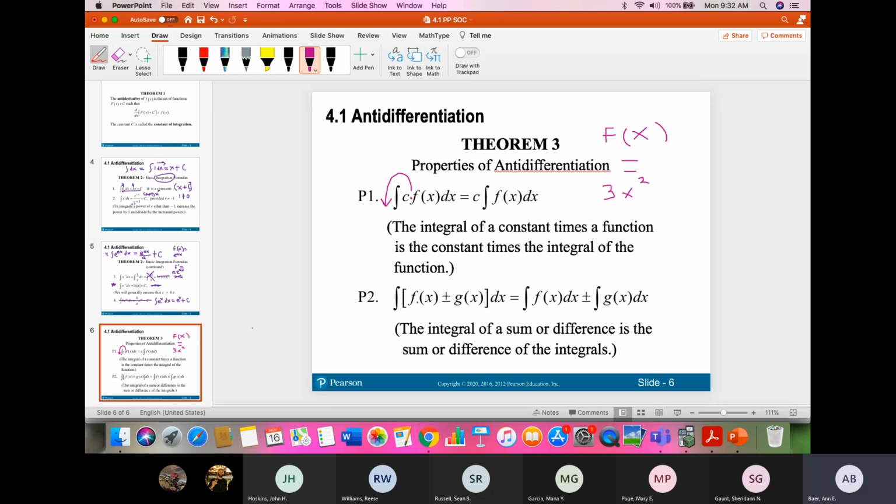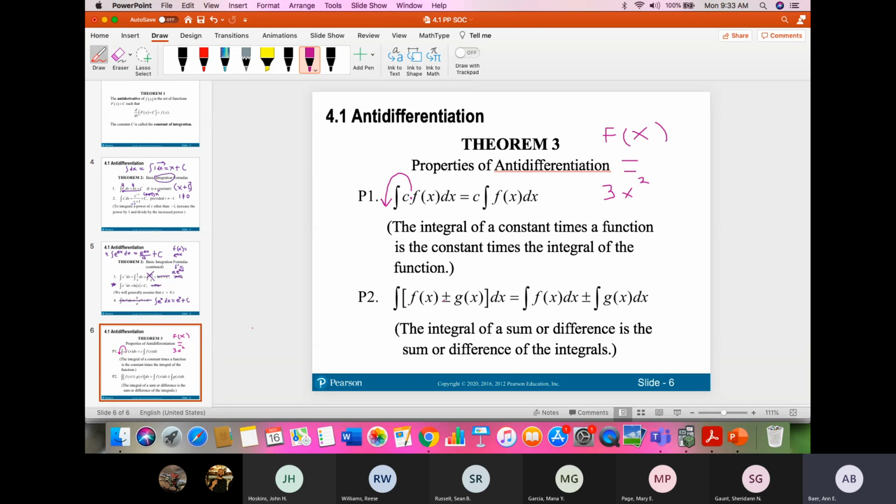Down here, it's just saying when we differentiate a sum, that's just the sum of the derivatives. And if we have a difference, that's just the difference of the derivatives. And that's all we're really doing here.